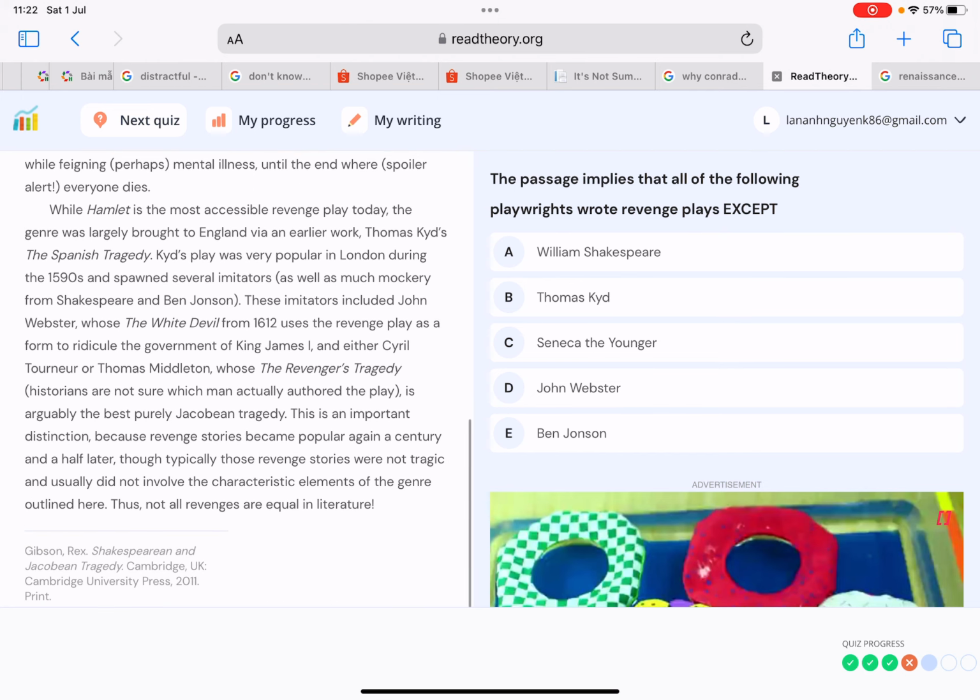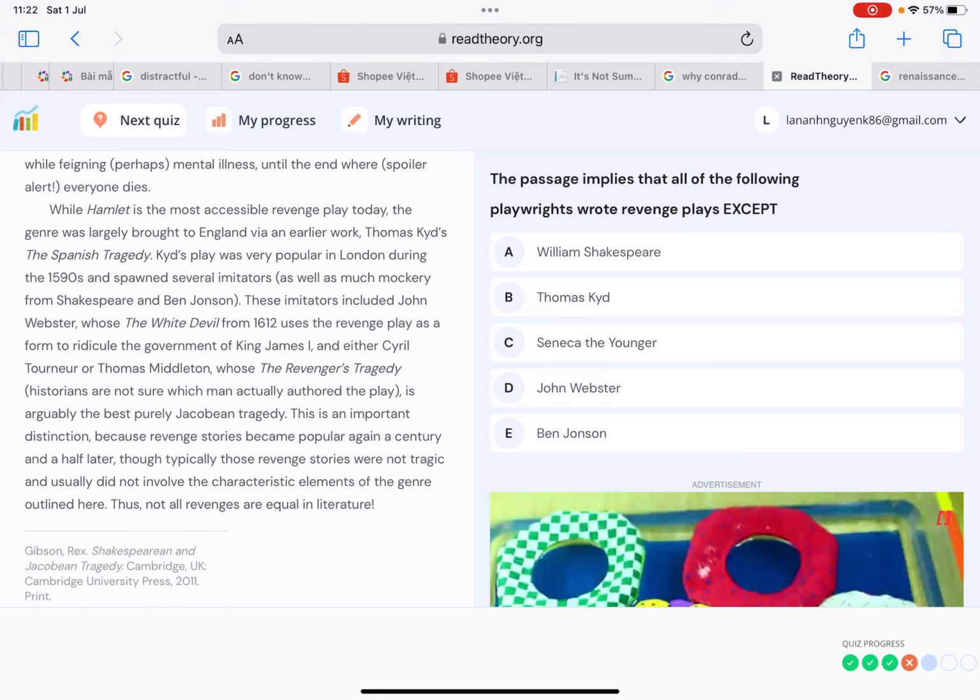Is there any mention of Thomas Kyd, or maybe I didn't notice it enough? I normally forget the smallest and tiniest details of each paragraph. Yeah, The Spanish Tragedy. So Thomas Kyd is also one of the authors who used revenge as a theme. So A and B are eliminated.